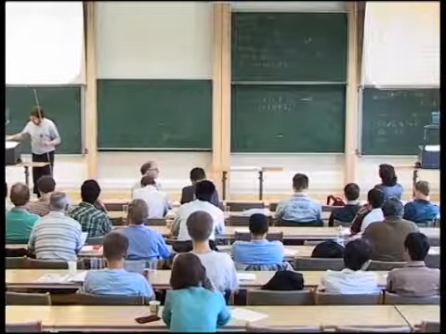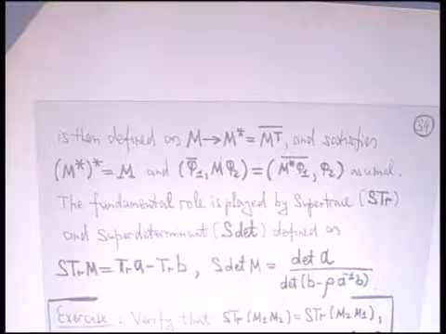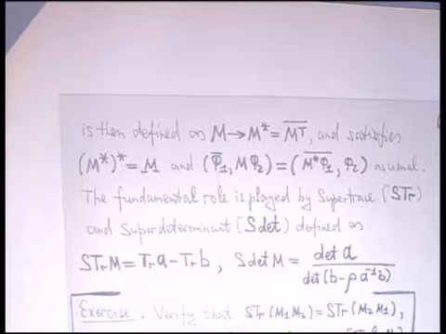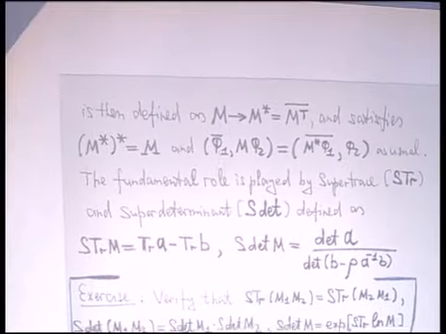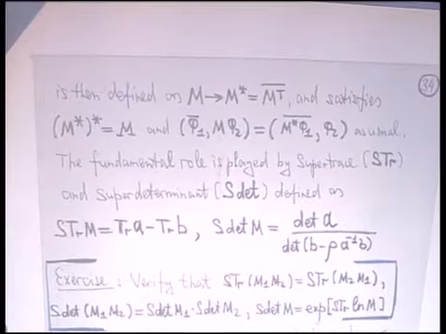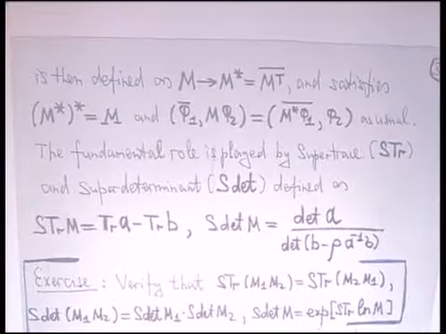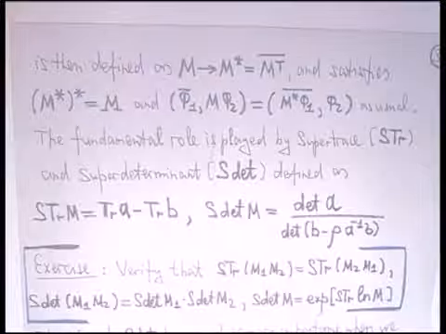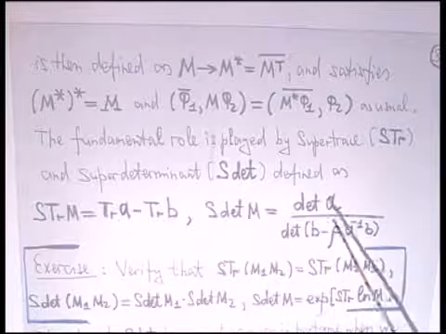So as I mentioned, one can define Hermitian conjugation just as transposition and then involution taken, but I won't need it. Really fundamental role in all non-trivial operations within the supercalculus is played by two most important objects, in fact related.